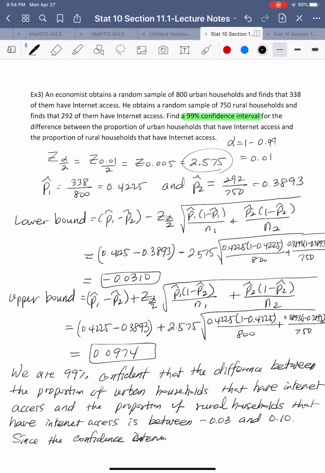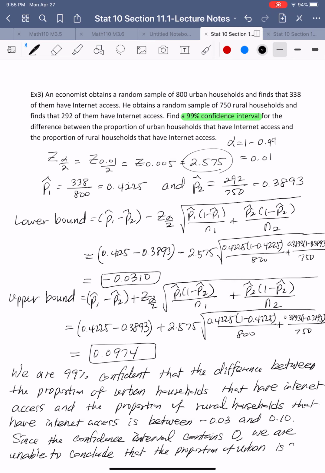the interval contains 0, we are unable to conclude that the proportion of urban households with internet access is greater than the proportion of rural households with internet access.